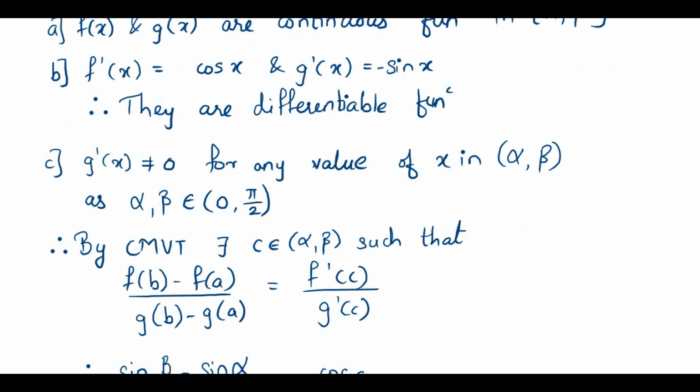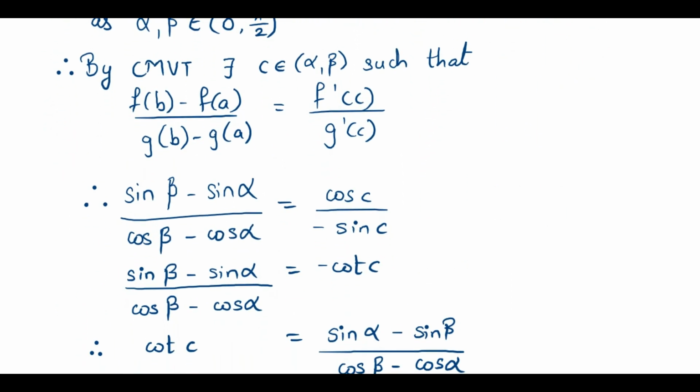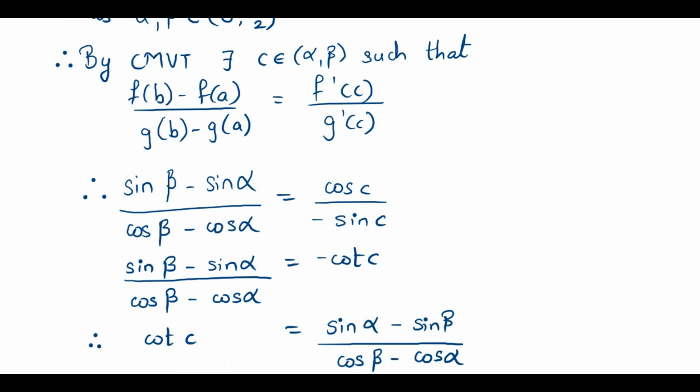All three conditions are satisfied, so by CMVT we get that there exists a point C which lies between alpha and beta such that f of b minus f of a upon g of b minus g of a is equal to f dash of c upon g dash of c.